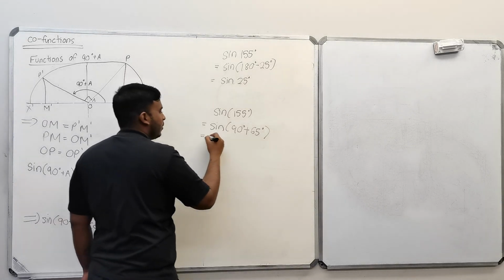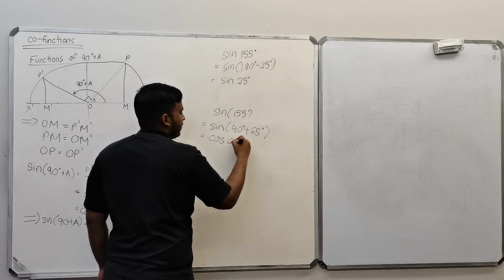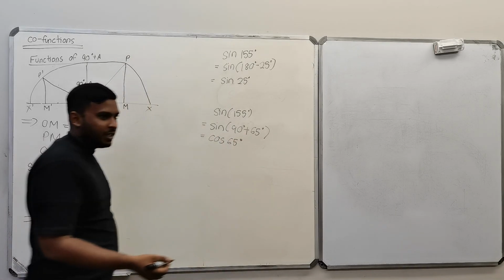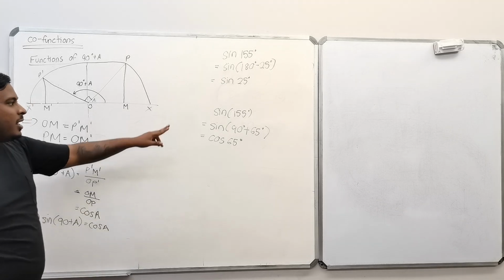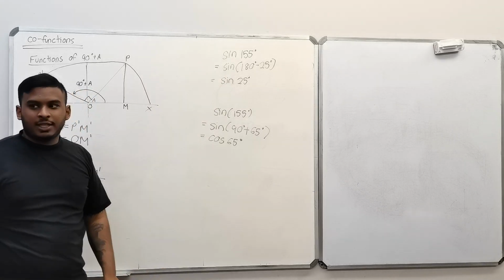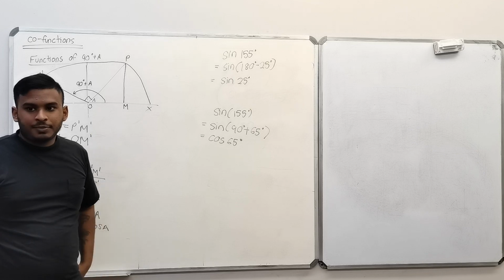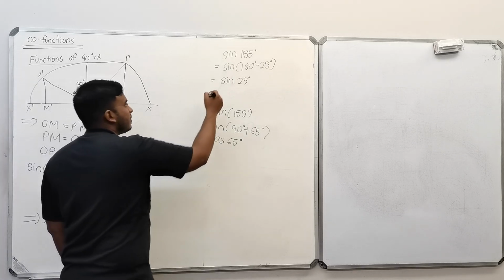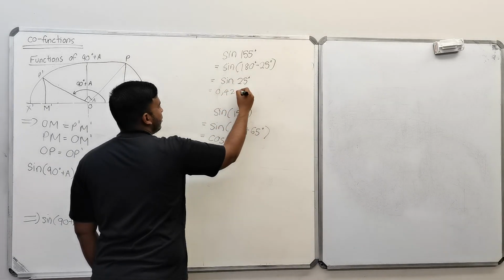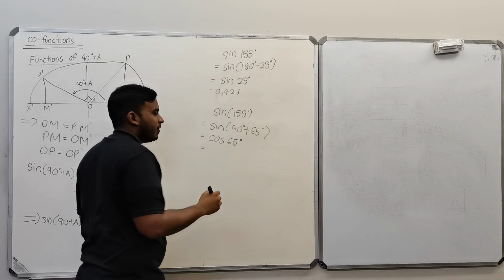So this here would be equal to cos 65 degrees. Okay? Put sine 25 in your calculator and tell me what you get. 0.42. 0.42, and then put cos 65.